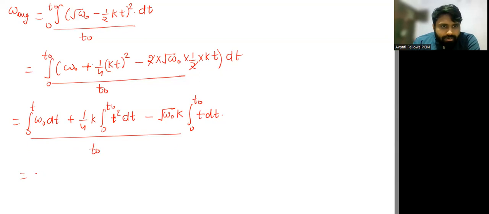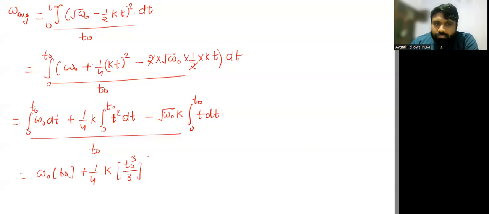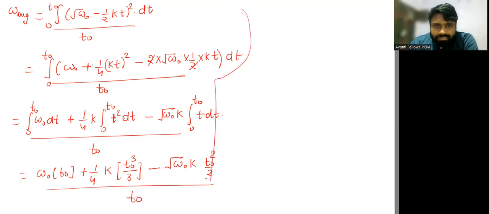Now this will become omega naught into t naught, integration dt will become t, and the limit of t is 0 to t naught, so it will be t naught, plus 1 by 4 k into t naught cube by 3, minus root omega naught k into t naught square by 2, divided by t naught. So if you divide this expression by t naught, one of the powers will be cancelled out.